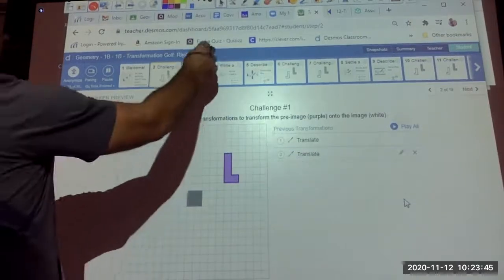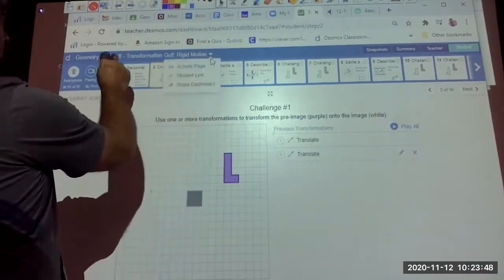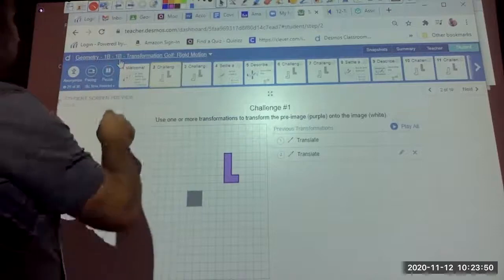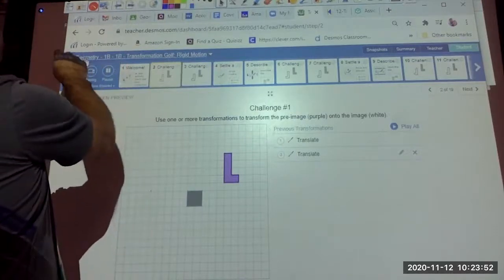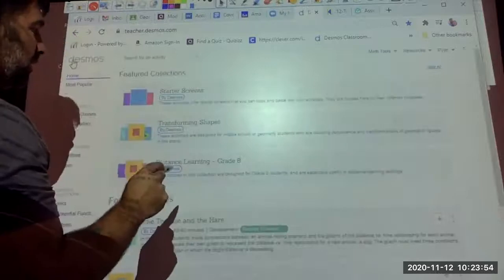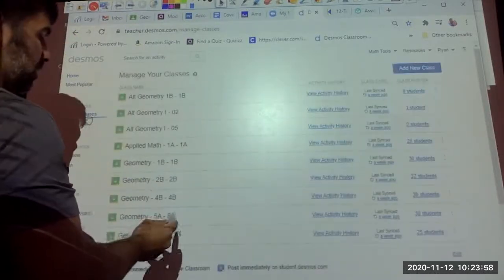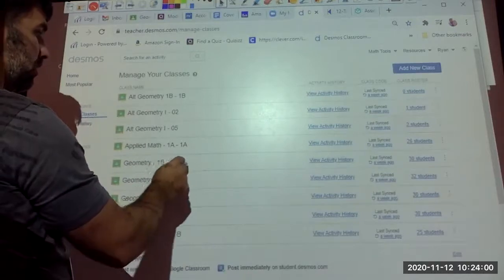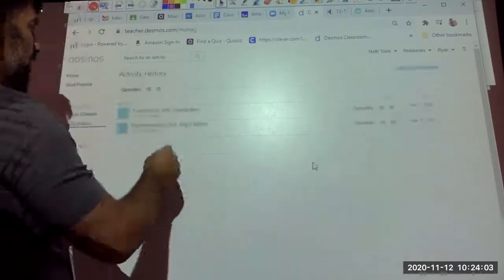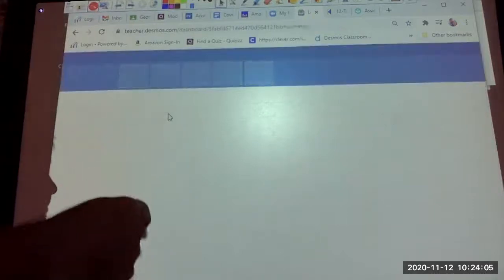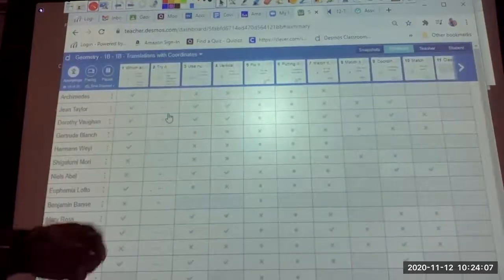Okay, then yesterday or the day before, depending on when I had you in class, you did one, it was 11 slides, that was talking just about translations. And it kind of took you through it, step for step to help you understand the end part.